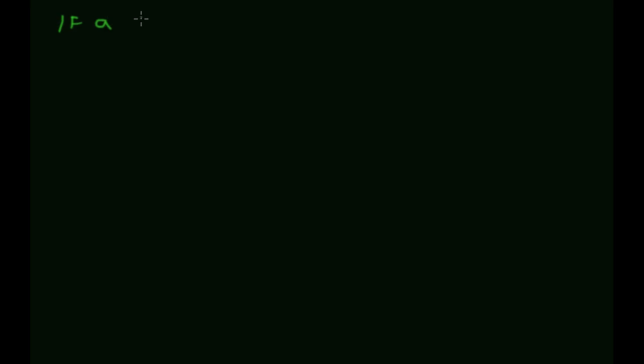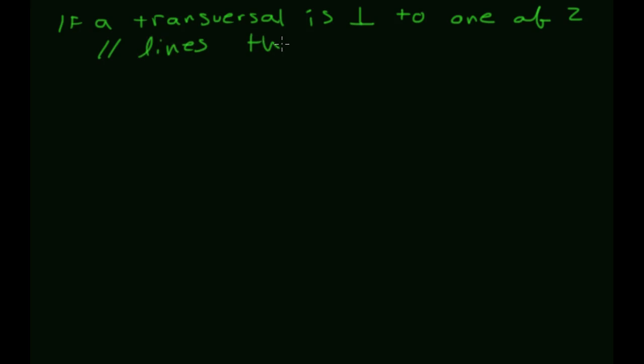If a transversal is perpendicular to one parallel line, one of two parallel lines, then it is perpendicular to the other one also. Okay, so let's get a drawing of this.